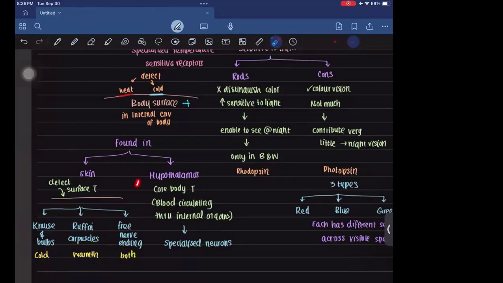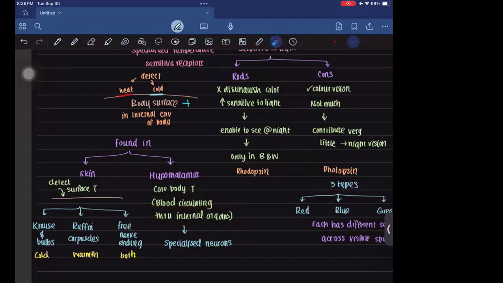Okay, then moving on to the hypothalamus. So the hypothalamus will be having specialized neurons for this purpose. So there is no special name. They'll be having specialized neurons which will be detecting the core body temperature, which means the temperature of the blood which is circulating through your internal organs. That is the internal environment.